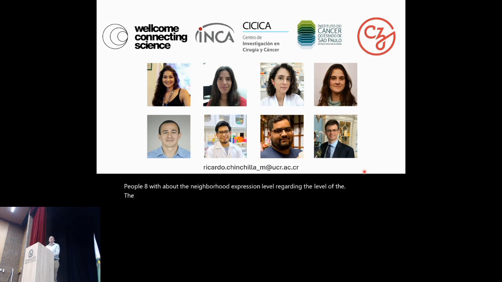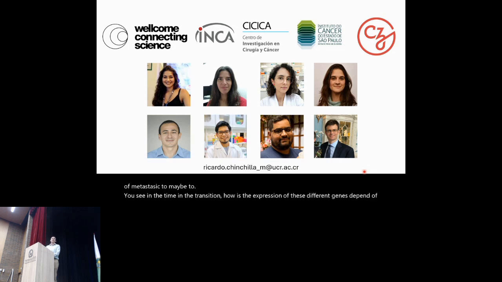The number of patients is like 50 in the data set, but the problem is that the metastasis is just in the metadata as yes or no. We don't have a value for metastasis, so we need to explore more data sets where we maybe have the score of metastasis, to see over time, in the transition, how the expression of these different genes depends on the stage of the metastasis.